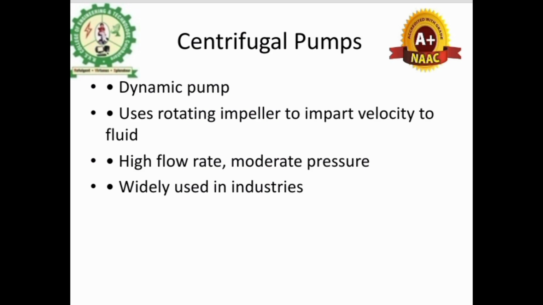They have a high flow rate, and the pressure is moderate, and they are widely used in industries. Centrifugal pumps have good application in industries. So comparatively, centrifugal pumps have some advantages over reciprocating pumps.